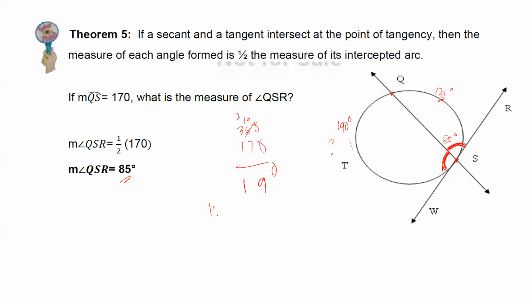So 190 divided by 2, this is 95. So this is 95 degrees. You can also compute it because it is a straight line, the sum should be 180. So, that is for theorem 5. The measure is taken from the arc in front of the angle.